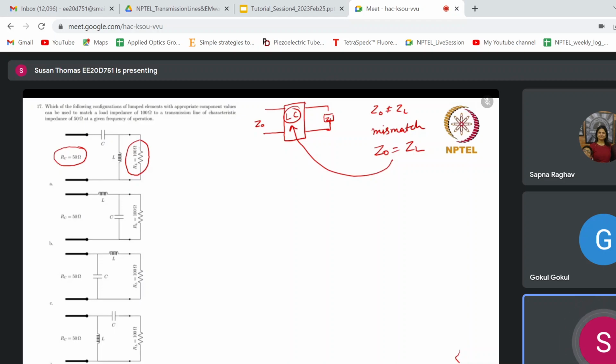So given load is 100 and given characteristic resistance is 50. Okay. Now how do we connect LC? That is the question. So we need a proper matching circuit. We need to choose a proper matching circuit among the four.